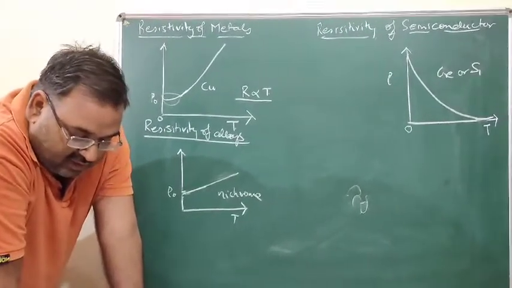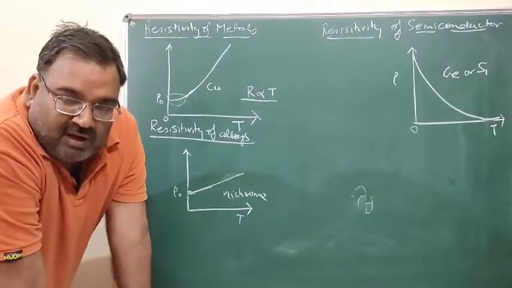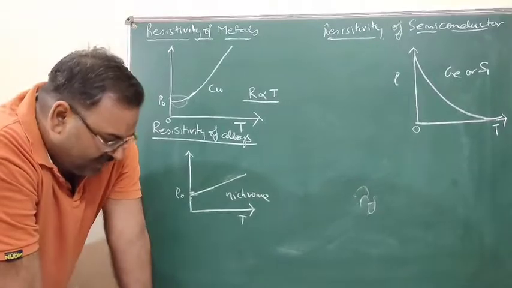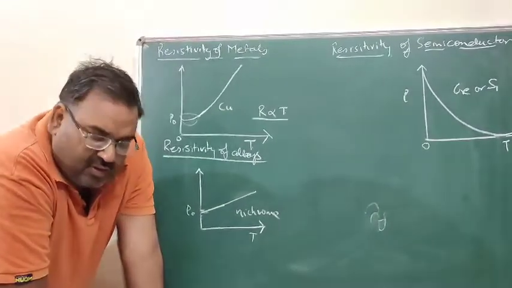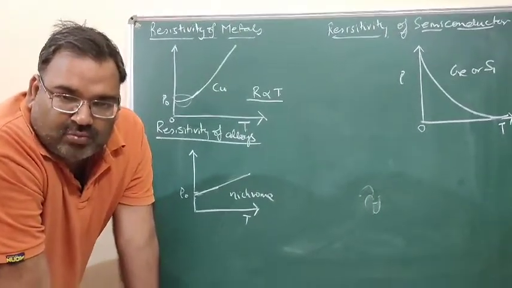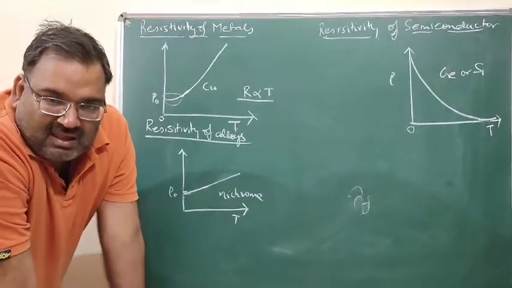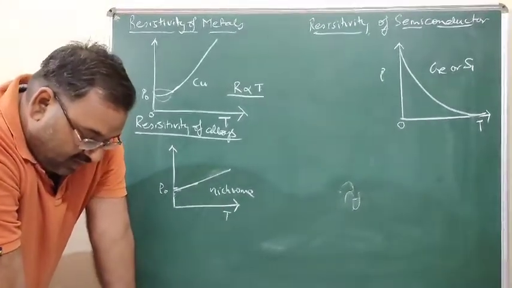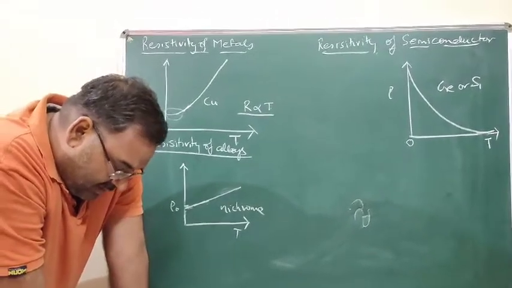Hence the resistivity of the electrolyte decreases. That is very important. When the temperature increases, the viscosity decreases and the ions become more free to move in the electrolyte, so the resistance decreases.